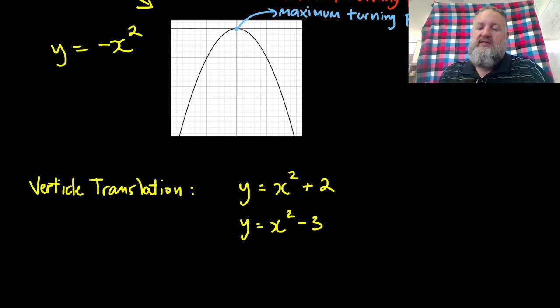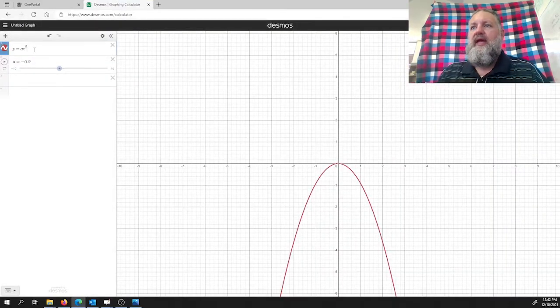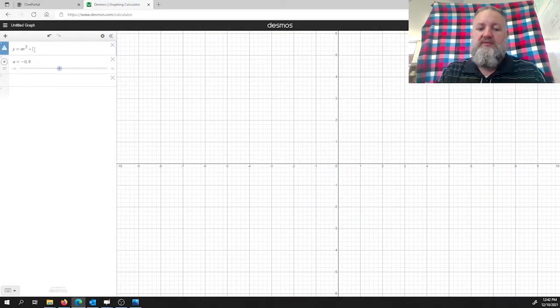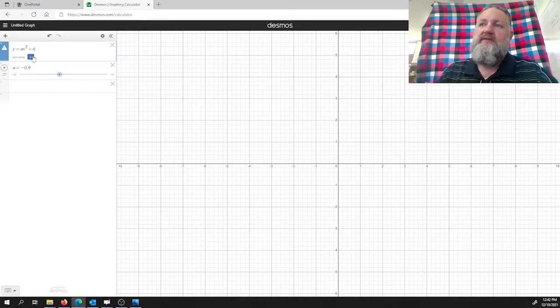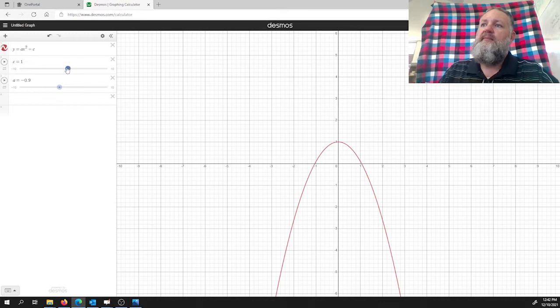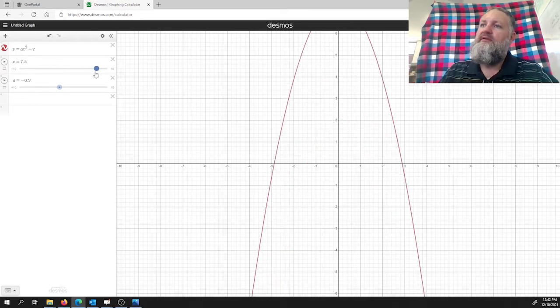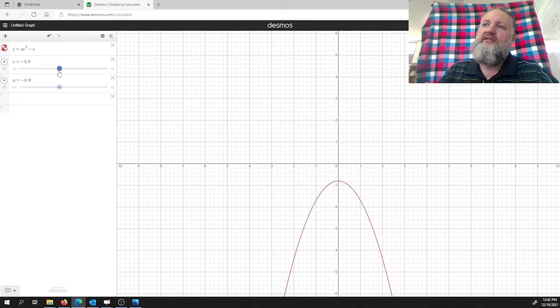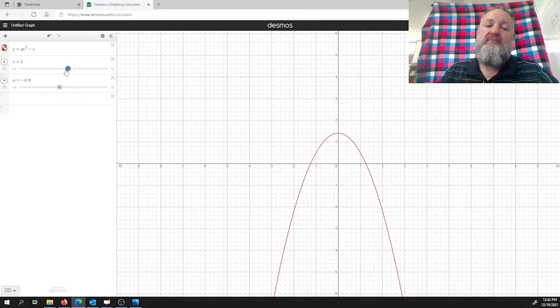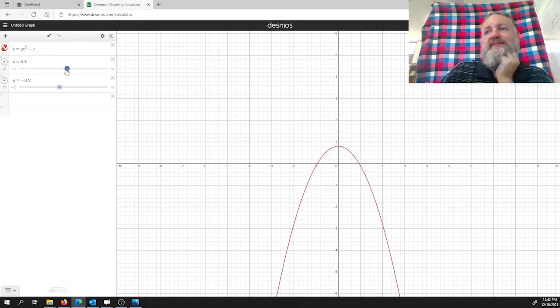Vertical translation, for example. If we go back to our Desmos, we can just add plus c and put in a slider for this c value. As we change our value of c, you will see that it changes where it crosses the y-axis.